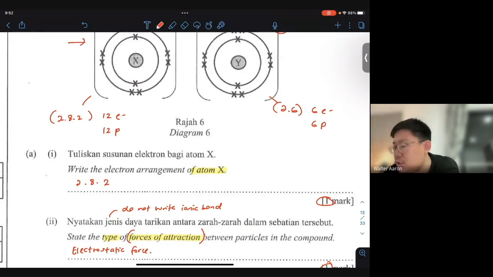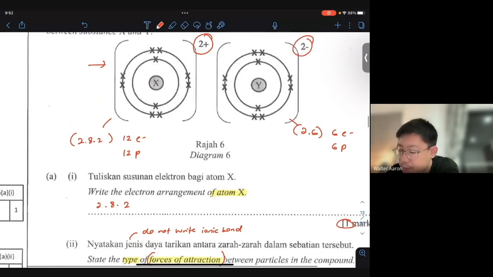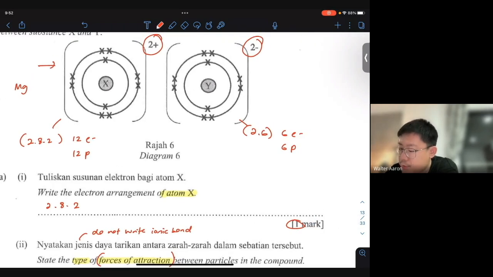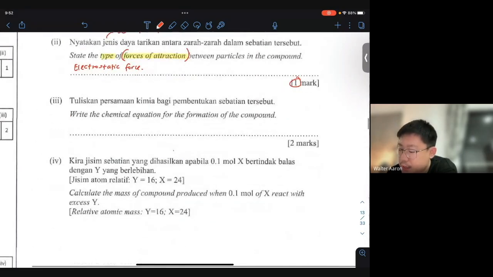So check and see what kind of element it is. So very obviously, X here should be magnesium, and this one should be oxygen. So that's supposed to be magnesium oxide.